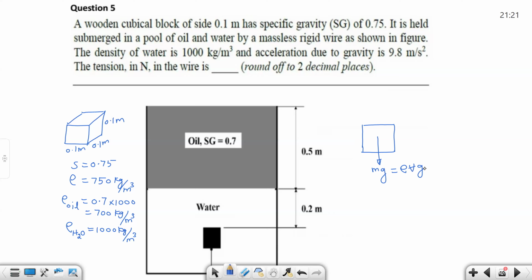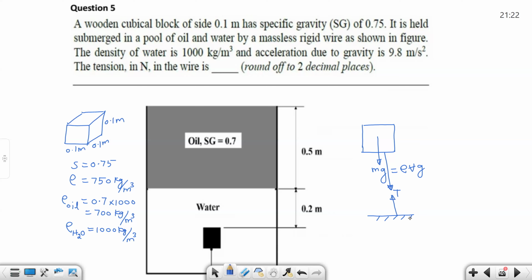And the tension is also acting downward, because the wire will be pulling you down. Maybe this is the fixed place. From there, the mass is pulled down by the string. The massless rigid wire is trying to pull down the mass.